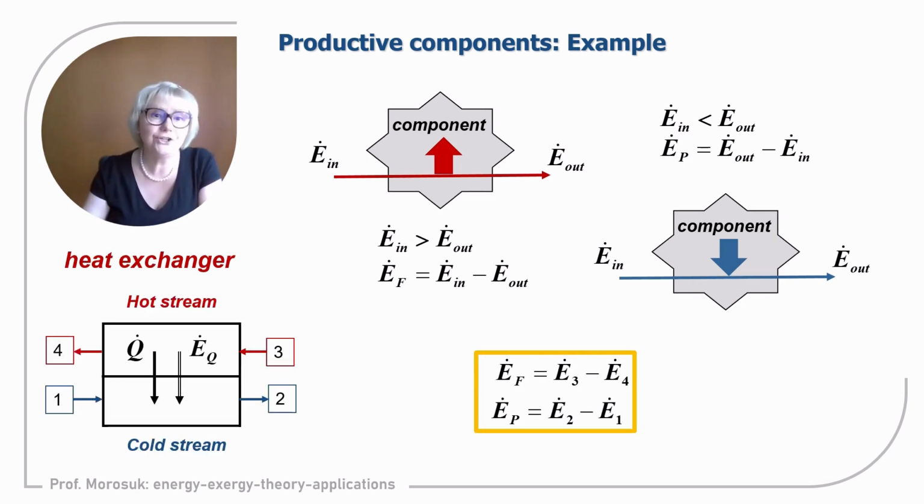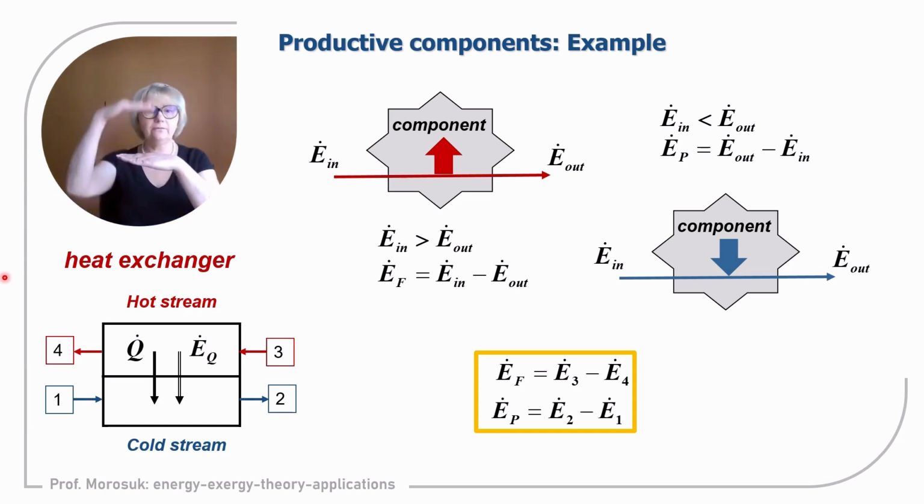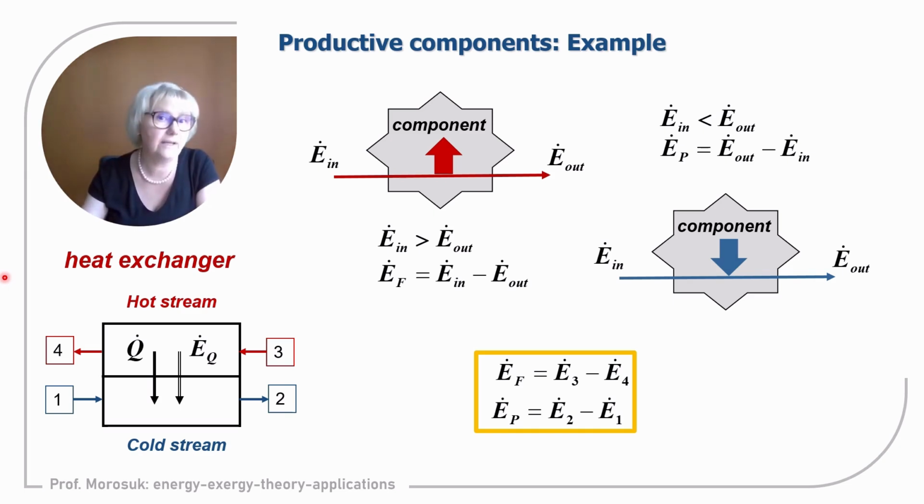And heat exchanger. Again, the simplest case, a two-stream heat exchanger that operates above the temperature of the environment. We have a hot stream and a cold stream, and both streams are at temperature and pressure higher than environmental conditions. This is very important for us because when we are higher than environment, we should remember that the higher the temperature, the higher the exergy.